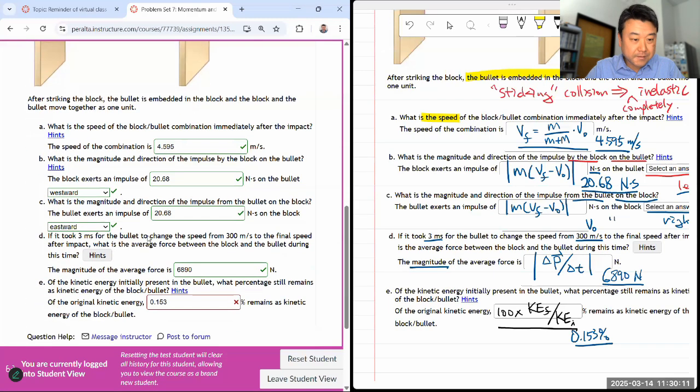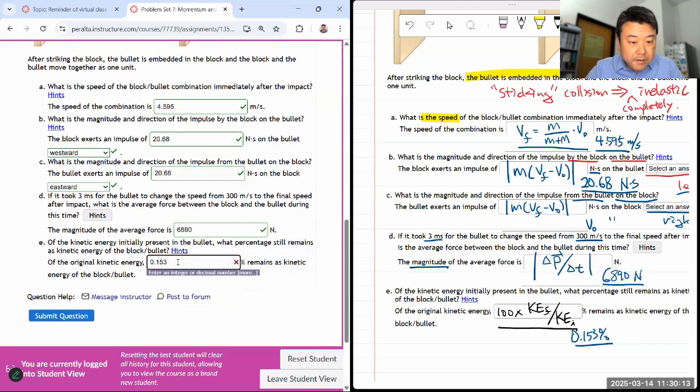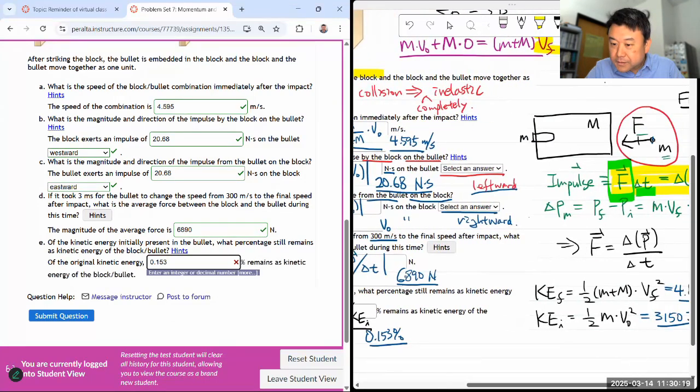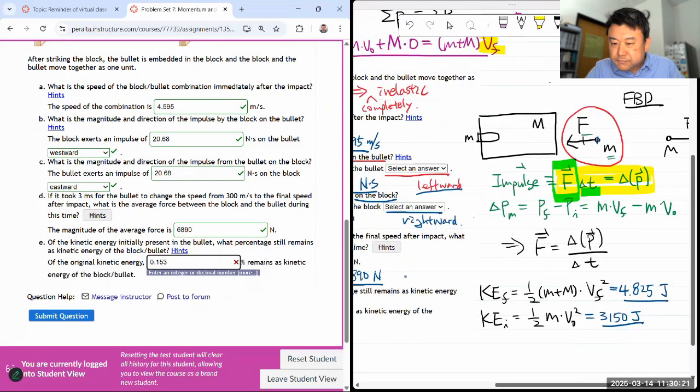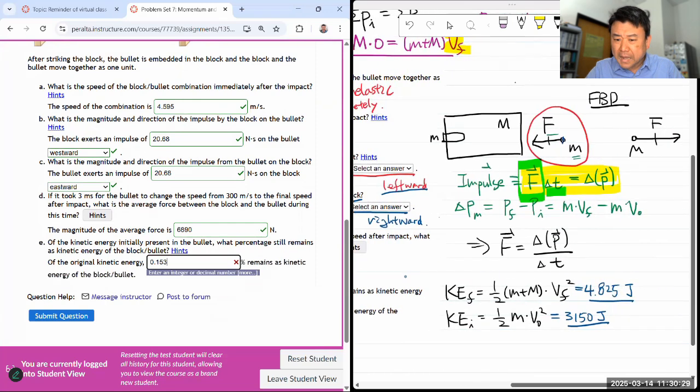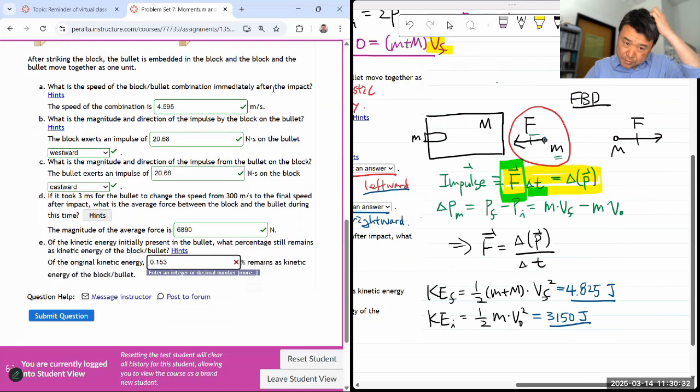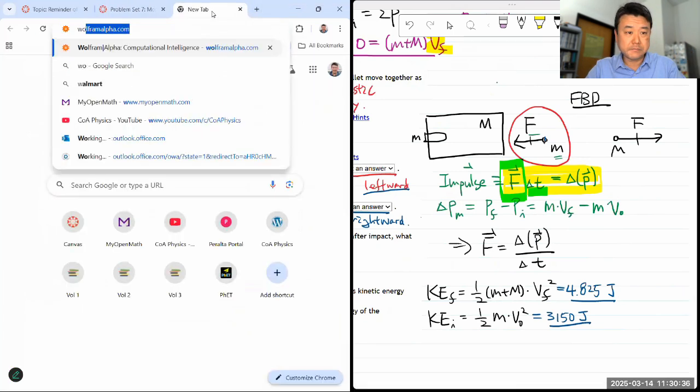I missed something. What did I miss? I don't know. Did I make a mistake? I mean, the expressions are right. Let me do this on Wolfram Alpha in case I made a typo, maybe.